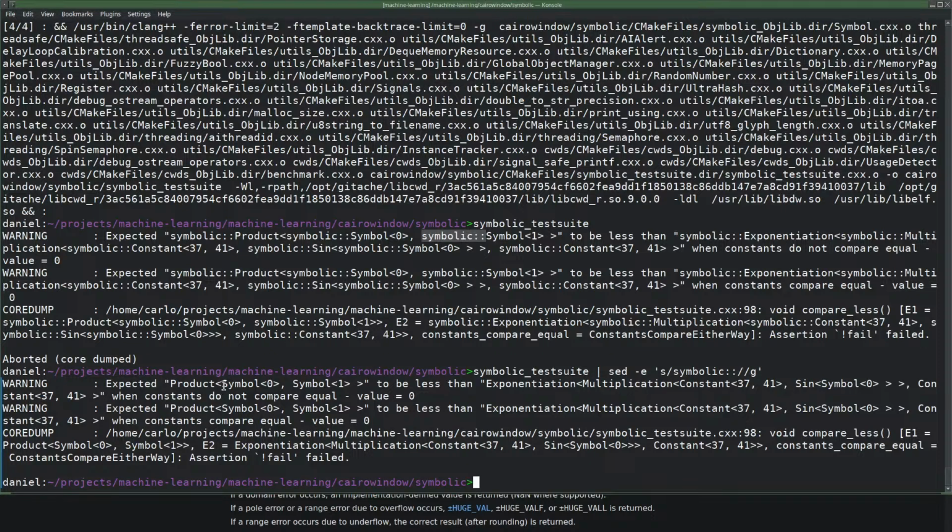Expected product symbol 0, symbol 1 to be less than the exponentiation of, I don't care, because product is always less than an exponentiation. Twice, with or without constants comparing equal.